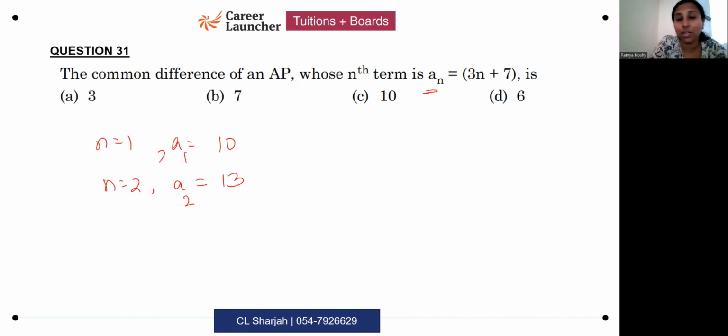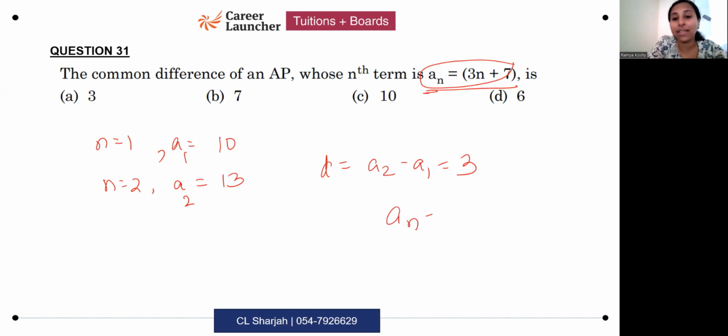Understanding what I'm doing? You apply these into the formula and find out the answer. And then what you get is common difference is equal to A2 minus A1, which is 3. This is the logic. This formula for An is already given. Use that formula to find A1 and A2 values. Alright? But what is the shortcut for this?